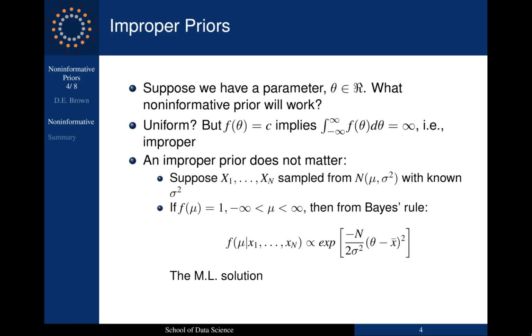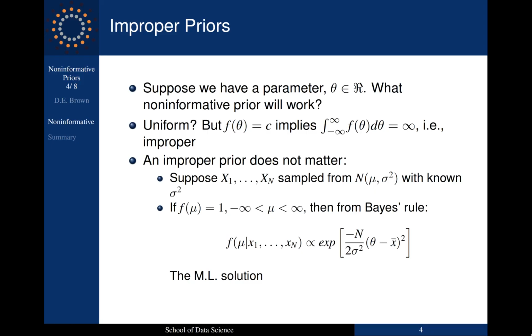It's unbounded. But nonetheless, if we use that prior in Bayes' rule, then we see that the posterior distribution on the left-hand side is just going to be proportional to the likelihood function times, in this case, 1, which is the prior, which just returns the likelihood. And so, in fact, what we're getting is the standard frequentist approach to probability and statistical reasoning, which is known as the maximum likelihood approach.